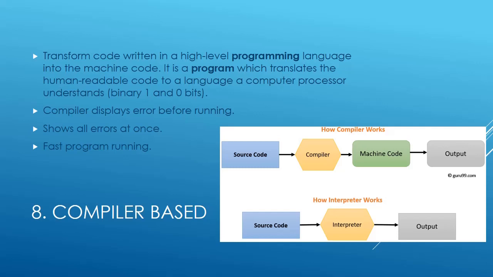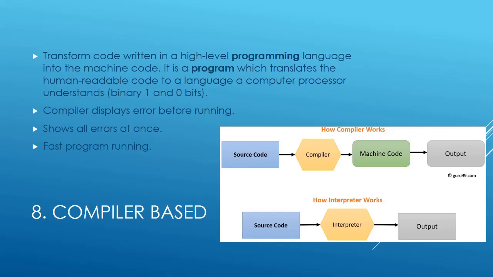As I have already said, a high-level programming language is similar to human language. A machine language is binary language, written in zeros and ones. So a compiler or an interpreter converts a high-level programming language into machine language. Now, what is the difference?